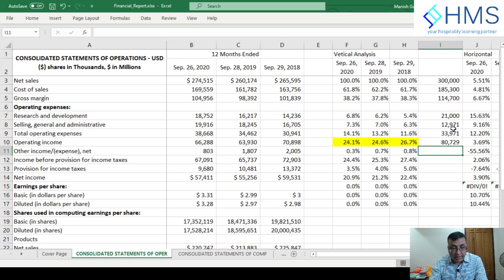Here you get the net operating expense. Let's say the other is also 0.3%, and then you will get the net. Don't worry about that, it's going to be fixed.